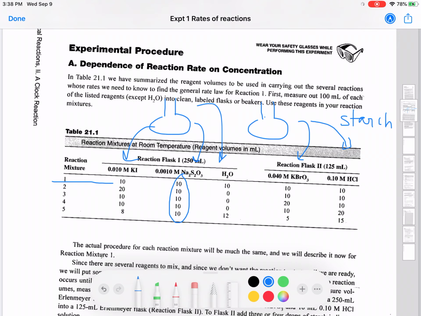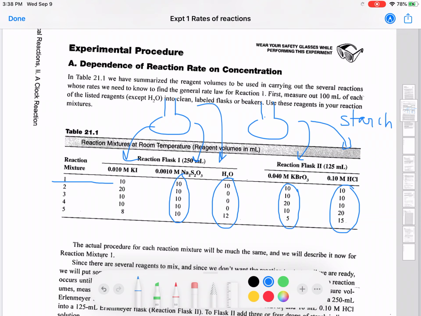We also use water to keep the volume of the final reaction mixture constant. Everything will be at 50 milliliters when we mix the two contents of the flasks. You can also see the amounts of potassium bromate and hydrochloric acid.